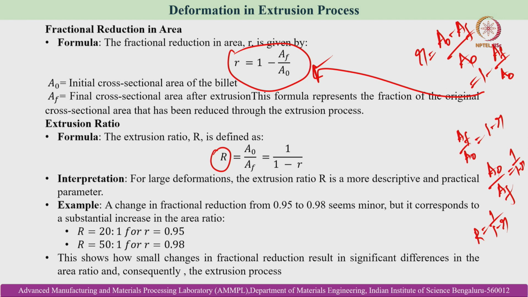Capital R is equal to 20:1 for fractional reduction in area small r of 0.95, and capital R is equal to 50:1 for small r equal to 0.98. This is how the relationship between the fractional reduction in area small r and the extrusion ratio capital R holds good. This shows how small changes in fractional reduction result in significant differences in the area ratio and consequently the extrusion process.